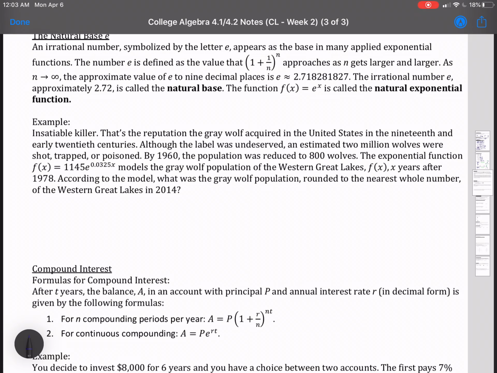As n approaches infinity, the approximate value of e to 9 decimal places is this number here that I'm not going to read to you. This irrational number e is approximately 2.72, and we call it the natural base. So the function f of x equals e to the x power is called the natural exponential function.